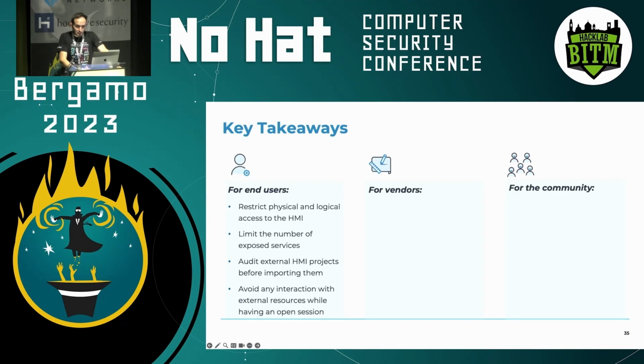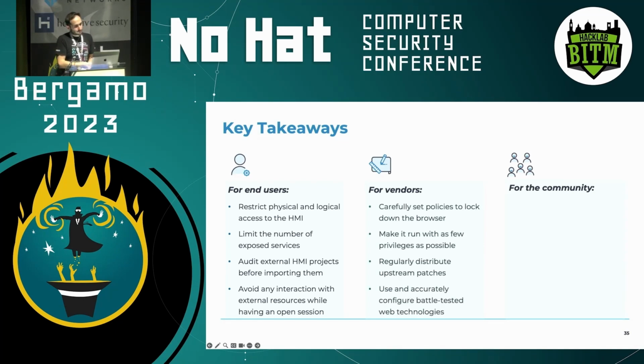Audit external HMI projects before importing them, because you have seen that they can contain anything, and this anything can do something on your HMI. And avoid any interactions with external resources while having an open session, because you have seen it again, it's just a matter of clicking once on a link or visiting a malicious web page to completely compromise your own web HMI.